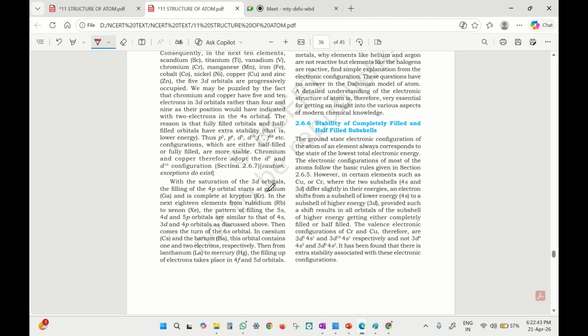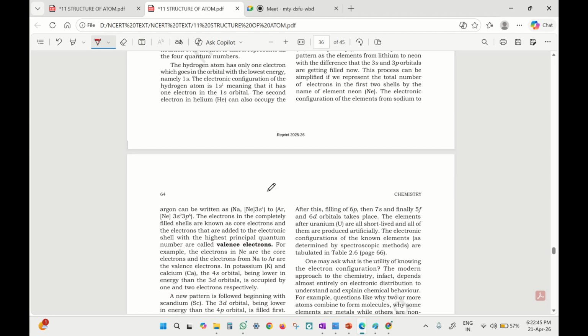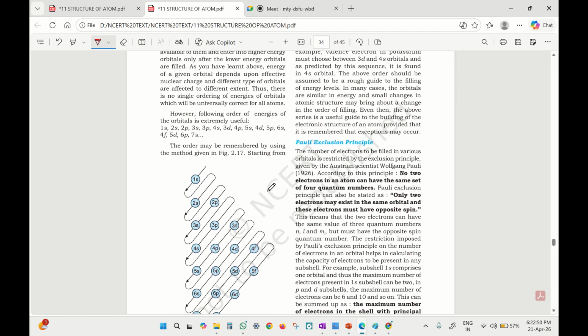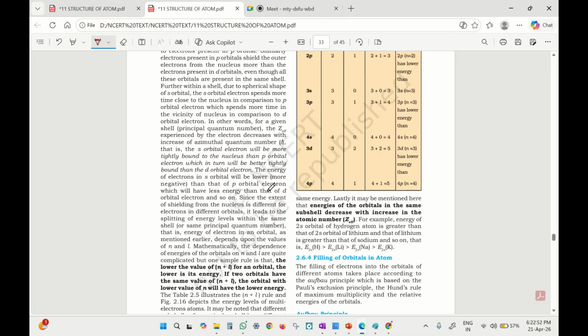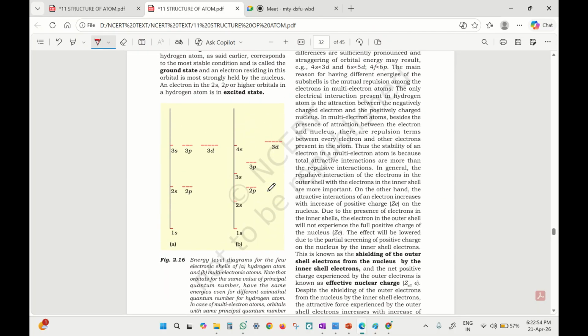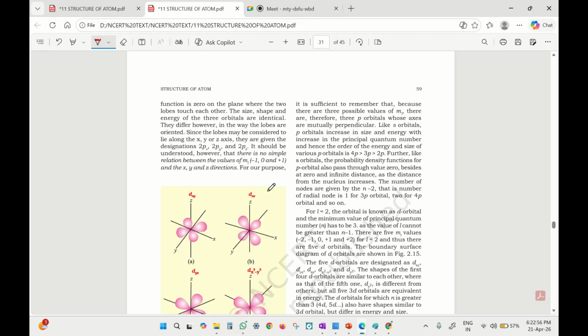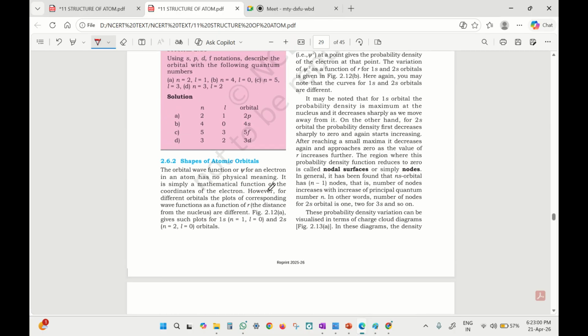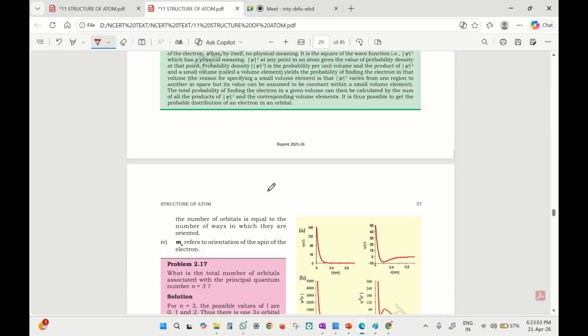All those things I am not going to talk more about. We are going to directly talk about the electronic configuration. So let me start with it. I'll tell you, if you have to follow the textbook, from where you will learn is what I'm trying to look at.